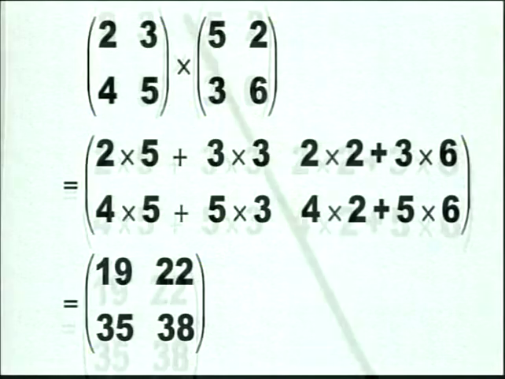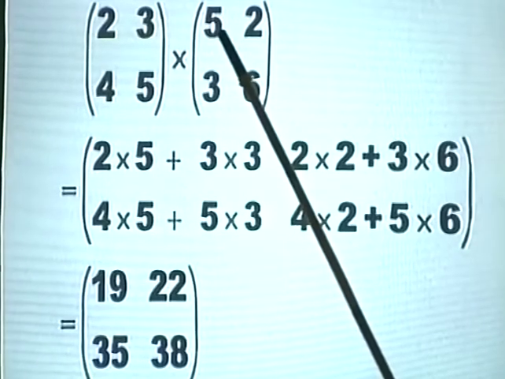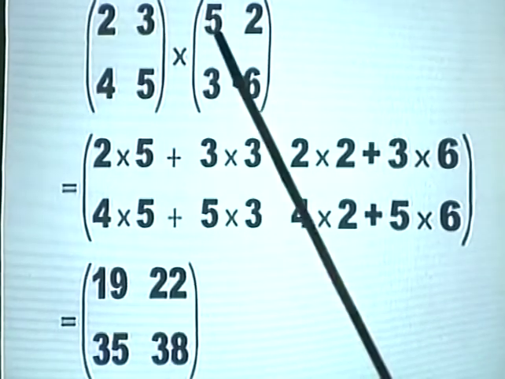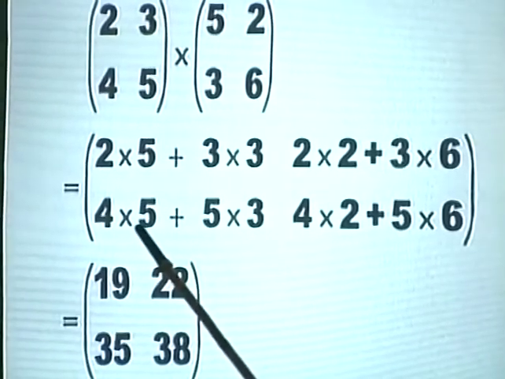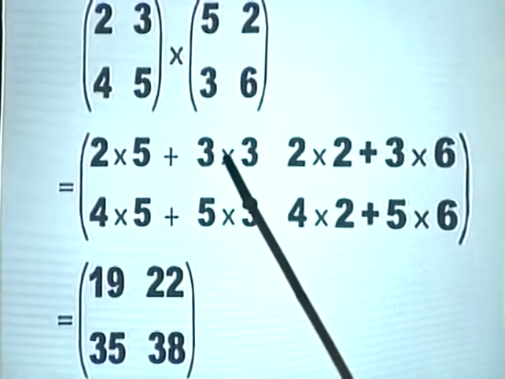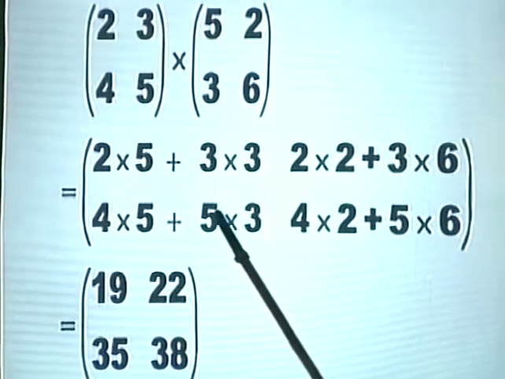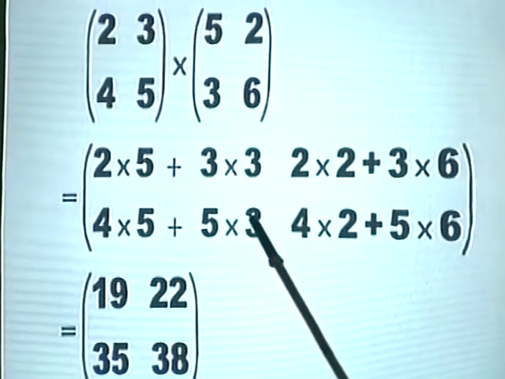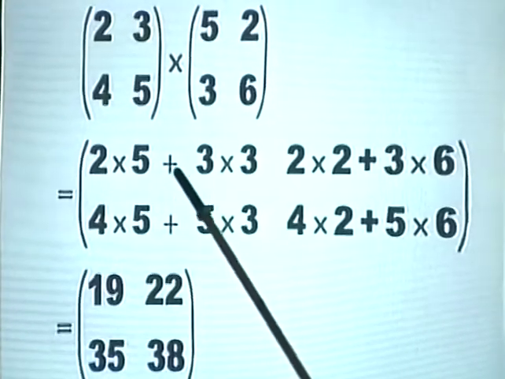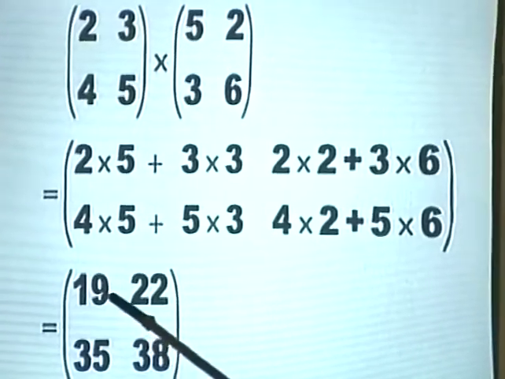You multiply 2 by 5. Okay, and then this one is 4 by 5 here. Then you add it on to 3 times 3, and then 5 times 3. Okay, here. So 2 times 5 is 10. 10 plus 9 is 19.